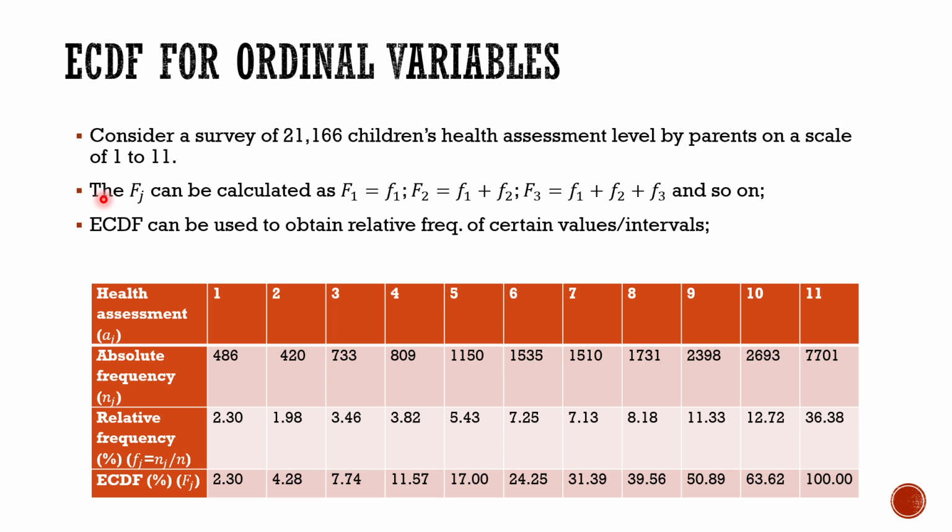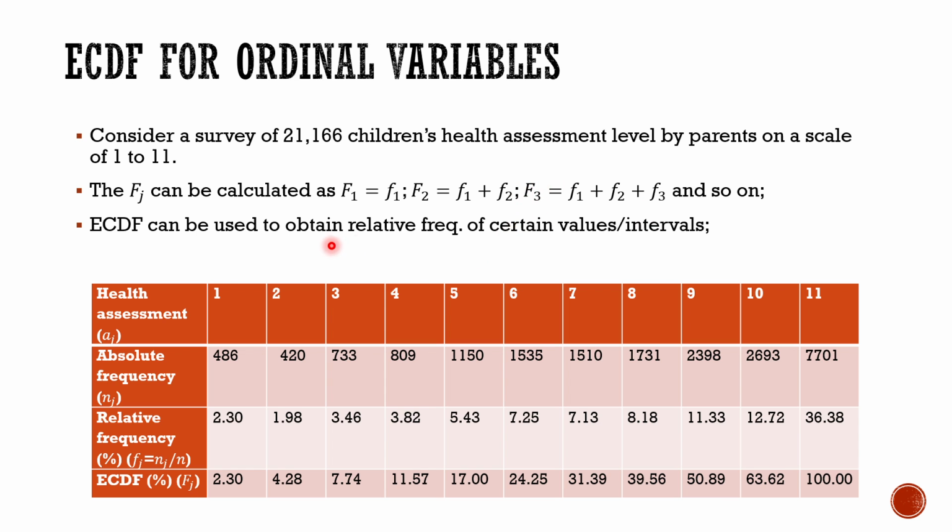And F_j can be calculated as: capital F1 would be small f1, F2 would be f1 plus f2, then F3 would be small f1 plus small f2 plus small f3. These small f's are all relative frequencies, and this is the ECDF, and so on.